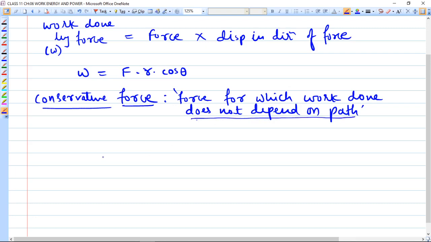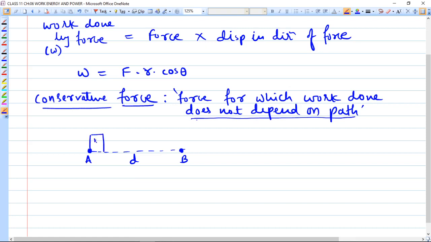Suppose you are moving any object from point A to point B. Suppose the distance between them is D, and suppose one block is there.